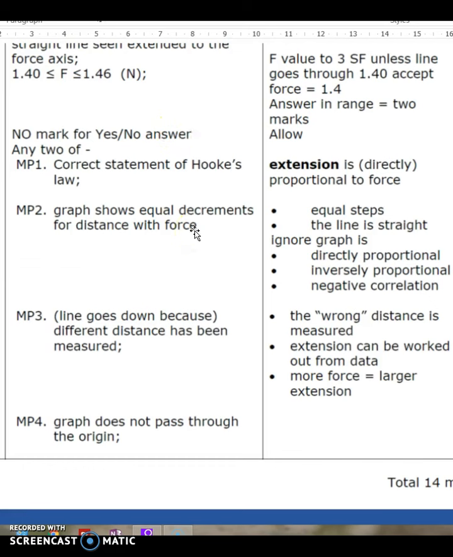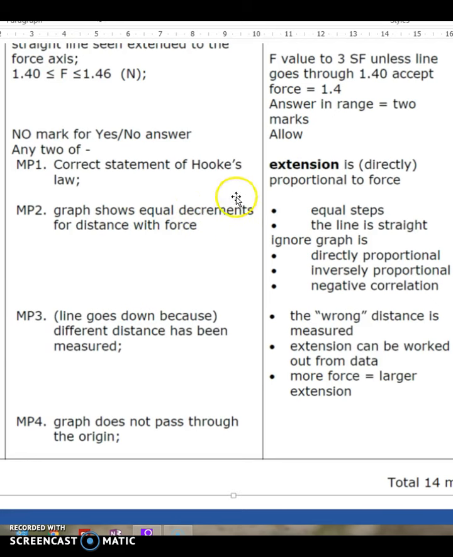So if you had put yes, the correct statement of Hooke's law, which was extension is proportional to force. If you put directly, we would ignore it, but that would have got you 1 mark. And you could actually say, show it as proportional because there's an equal step down for the distance with the force.